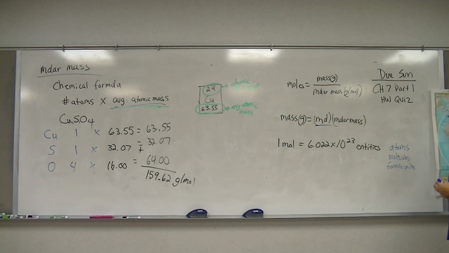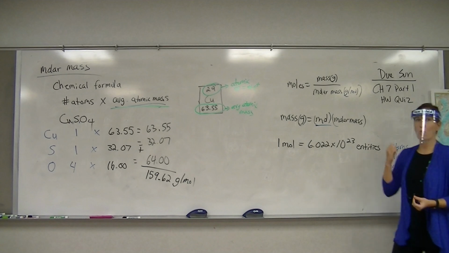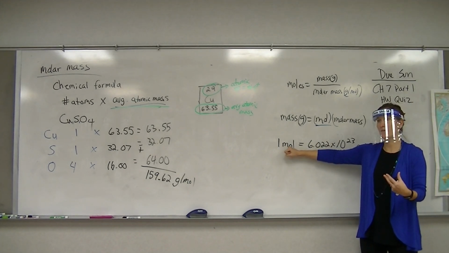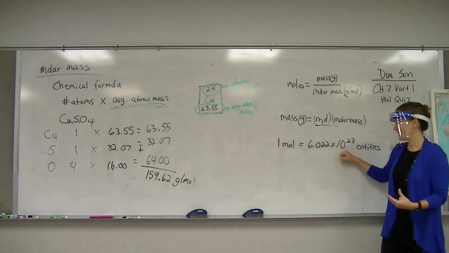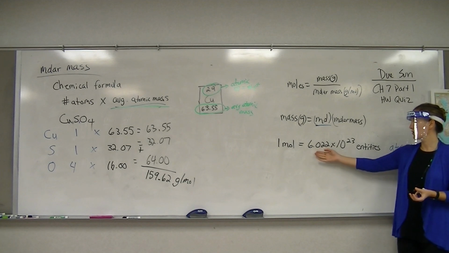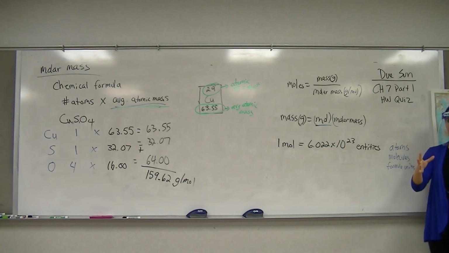So if I'm talking about, let's say oxygen, and I say I have 1 mole of oxygen. Remember, a mole is an amount of a substance. So if I say I have 1 mole of oxygen, what this is saying is that in that 1 mole that I have, there are 6.022 times 10 to the 23rd atoms present.